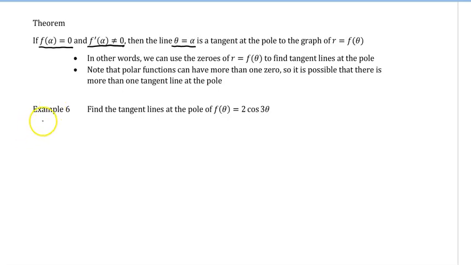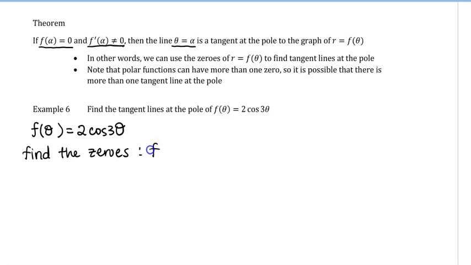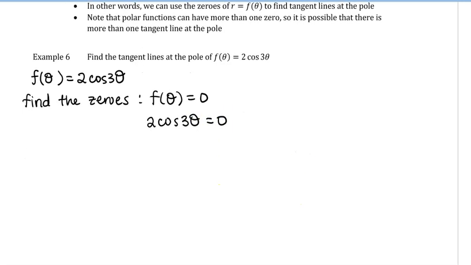So here we have the polar function f of theta is equal to 2 cosine 3 theta. And we're interested in what are the tangent lines at the pole of this function. So I'm going to begin by first finding the zeros of this function. So I'm going to set f of theta equal to 0. So I'm solving the trigonometric equation 2 cosine 3 theta equals 0. So this is taking us back to 172. I would divide both sides by 2.